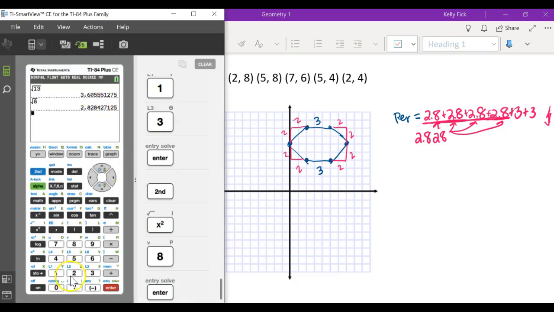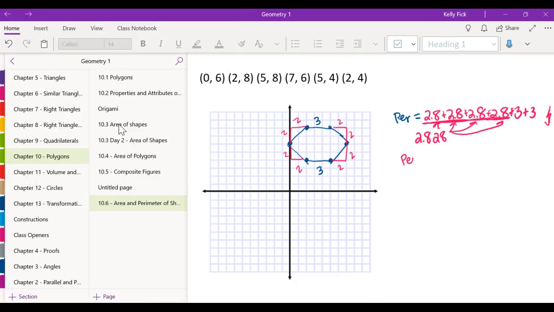So 2.828 times 4, plus I have 2 3s, which gets me 17.3. So my perimeter here would be 17.3.